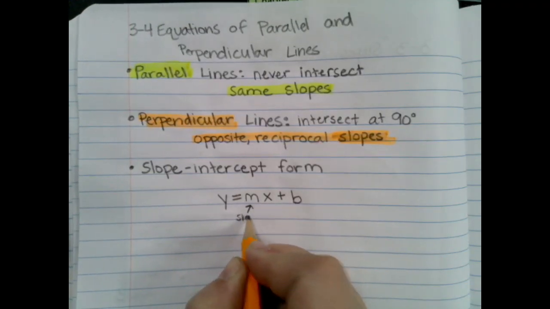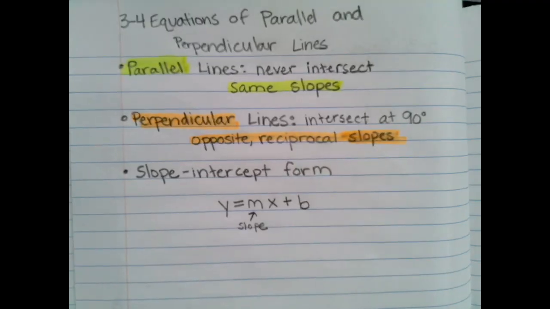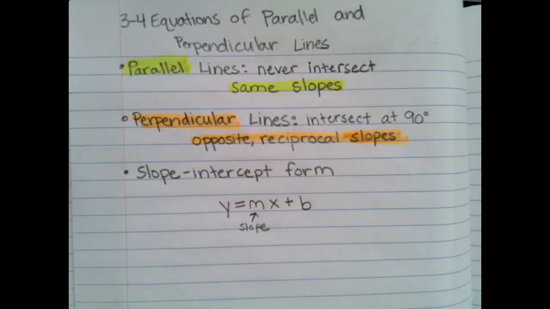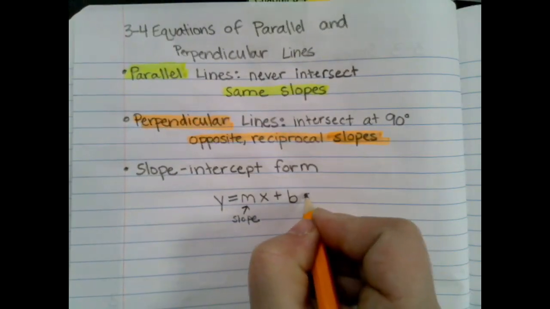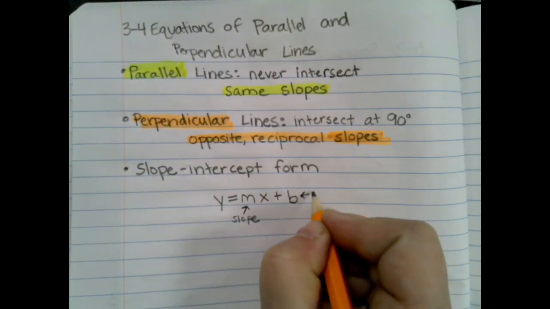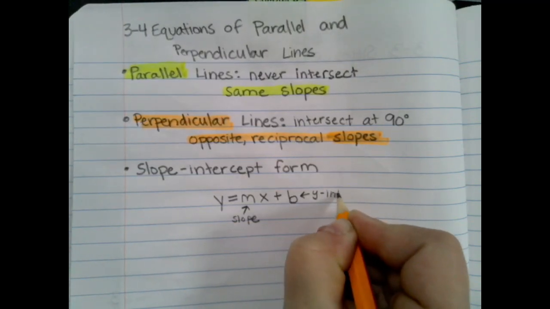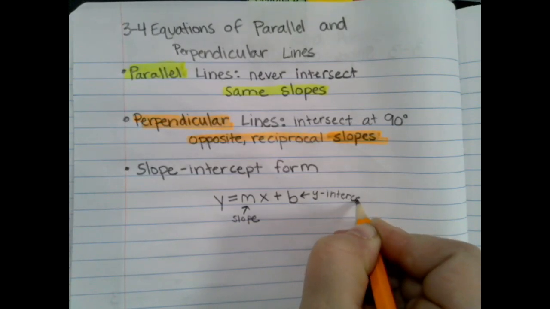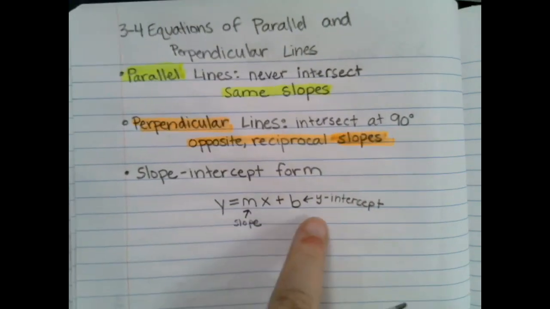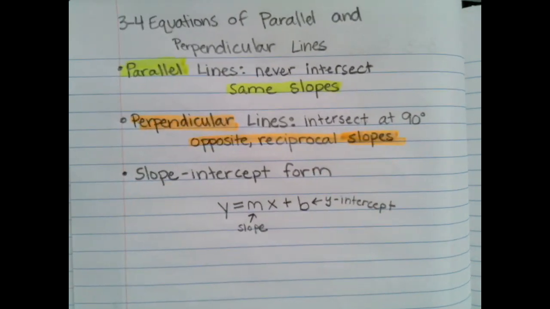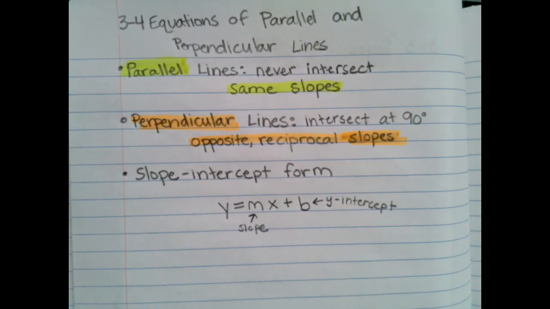Slope. And what does b tell us? Good. I like when somebody whispered that very quietly. They said y-intercept. Even though it's only called slope-intercept form, it's important that we remember this is the y-intercept. It's where it crosses the y-axis.